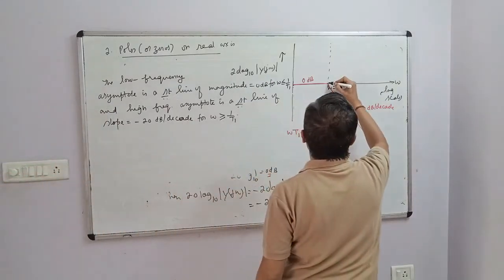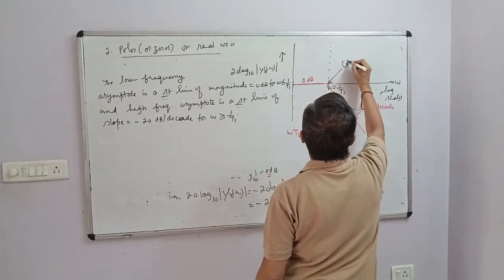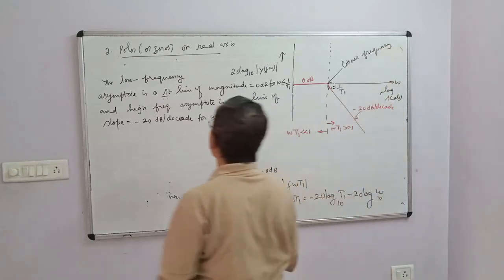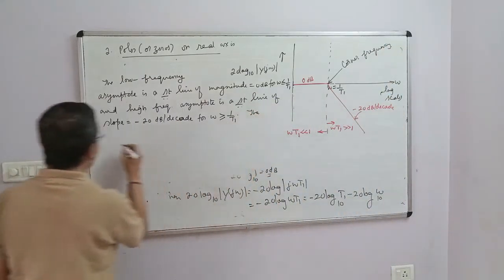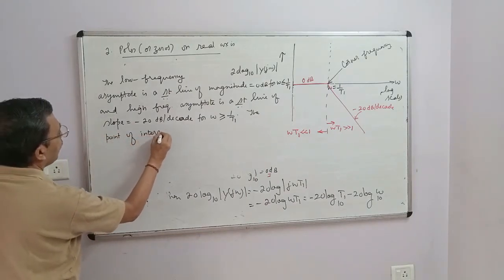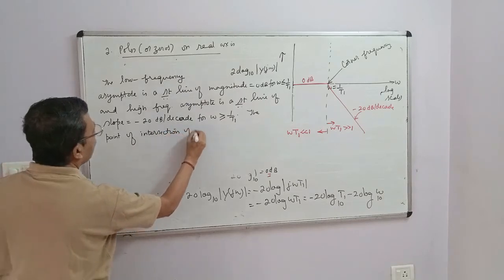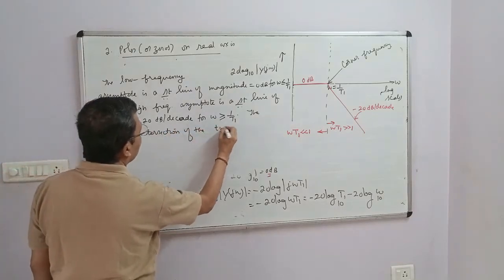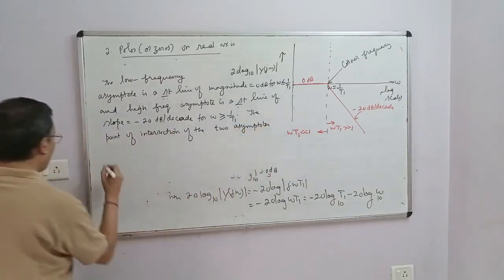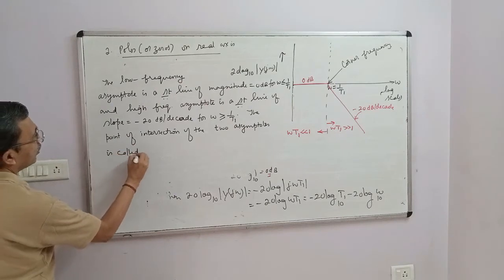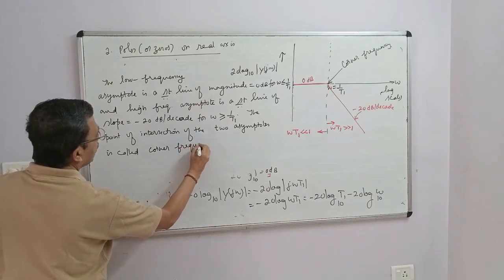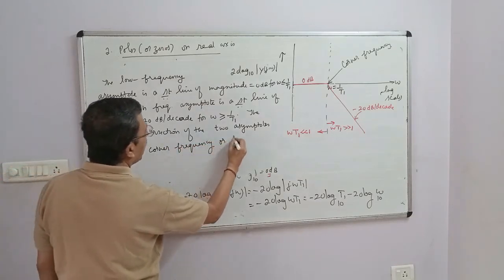This frequency where the two asymptotes intersect is called corner frequency. The point of intersection of the two asymptotes is called corner frequency or break frequency.